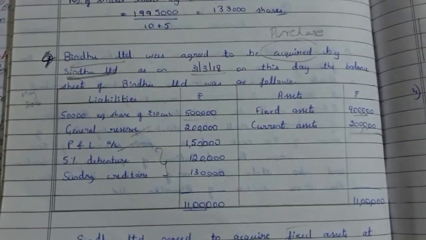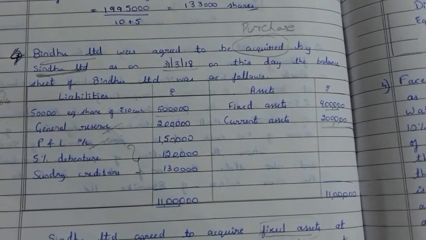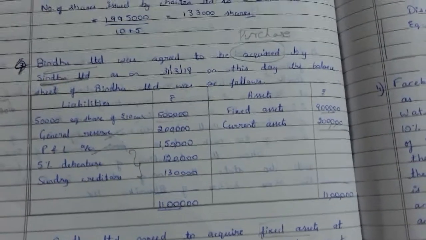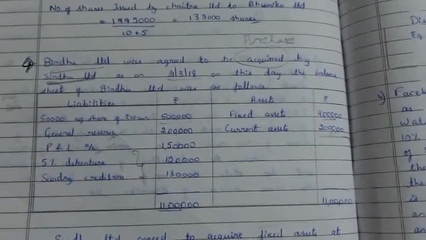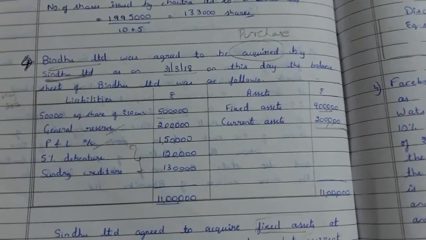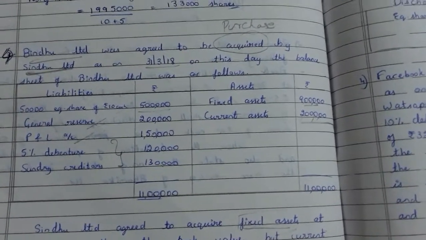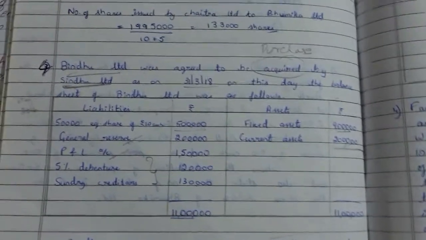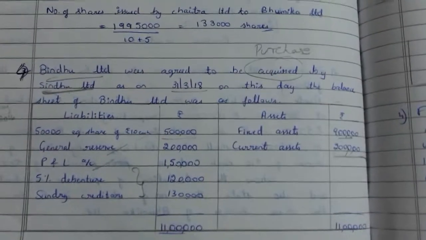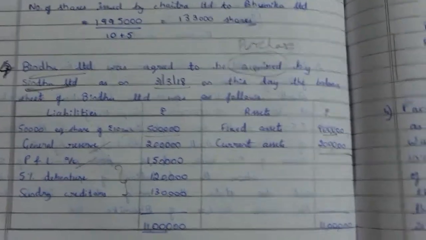So in the amalgamation in the nature of purchase, the first condition is that all the assets and liabilities of the transferor company are not compulsorily required to belong to the transferee company.